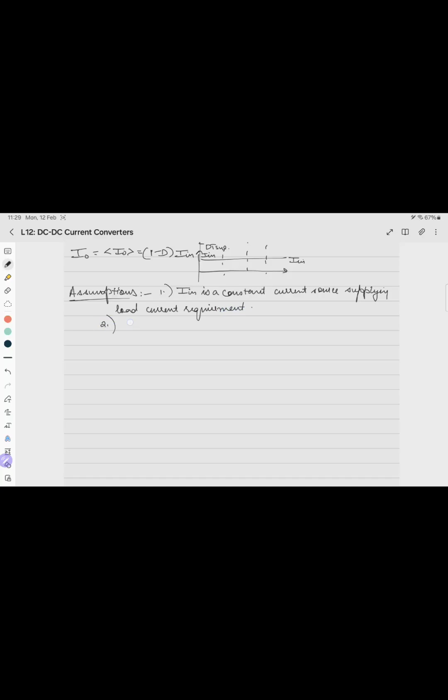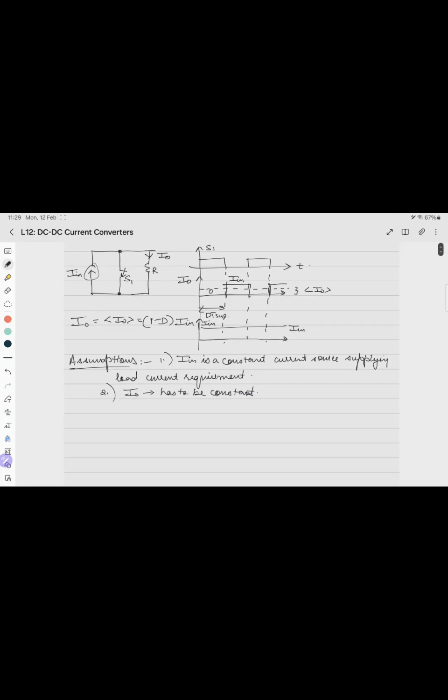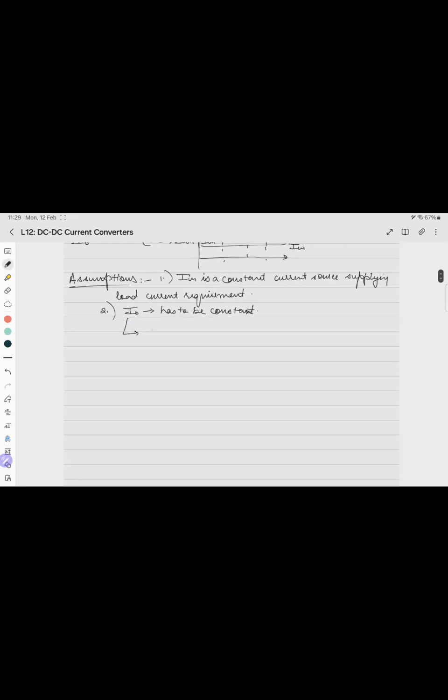Second is that I naught has to be constant, because that is the assumption, and that is the motivation why we are going for DC-DC voltage to current converters. So we have to maintain that I naught is constant.